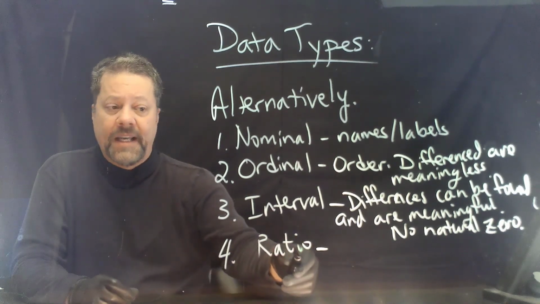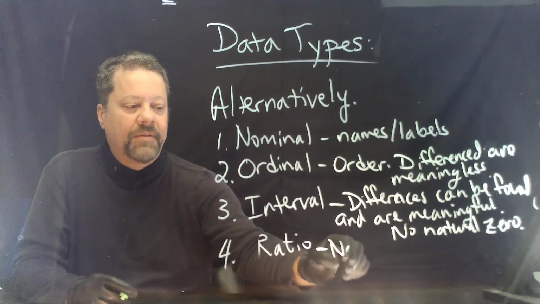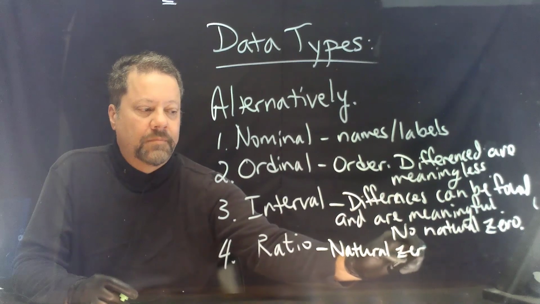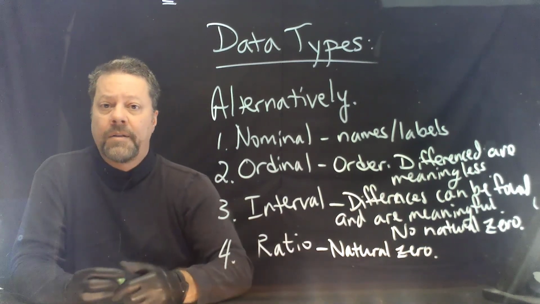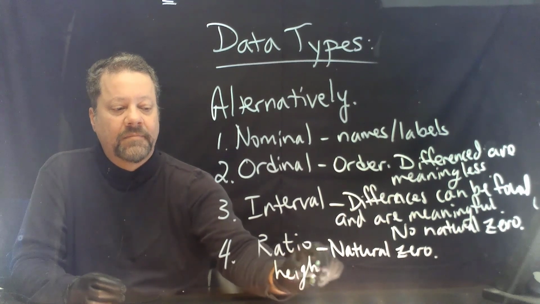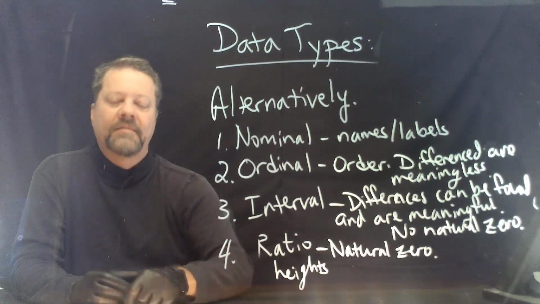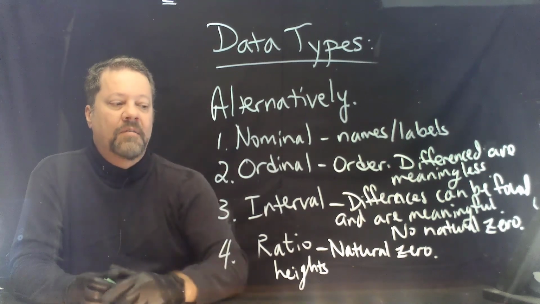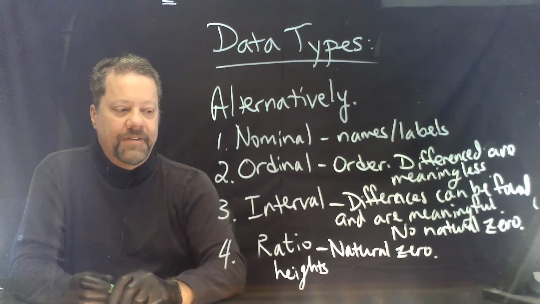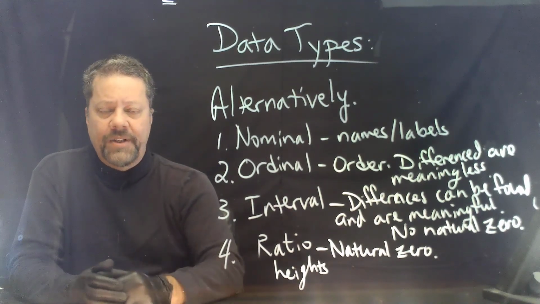So in ratio data, it's also interval data, but you have a natural 0. You might take, for example, heights. There's a natural 0 height versus all other positive heights. The gap between the heights makes a difference, but there is a natural 0 present in ratio data.